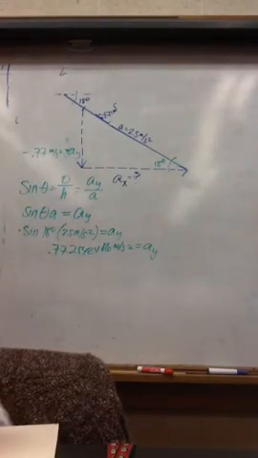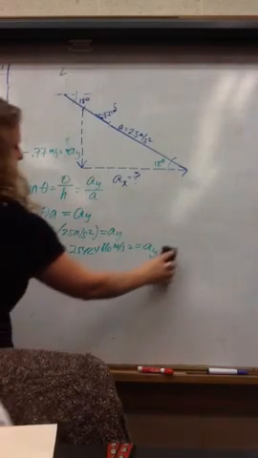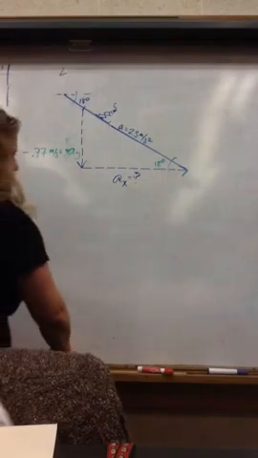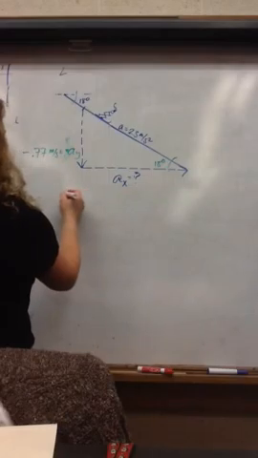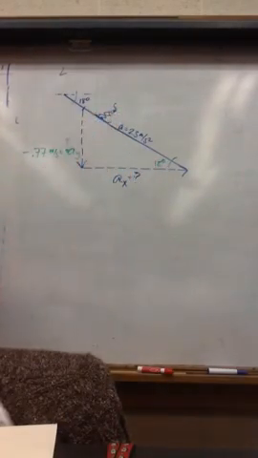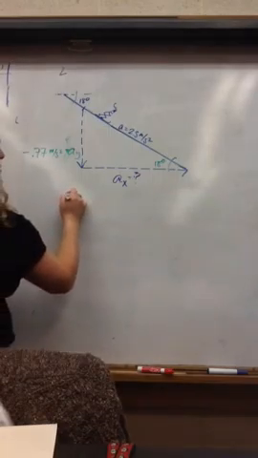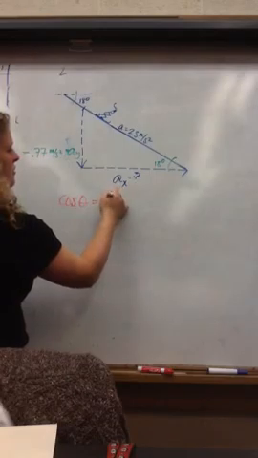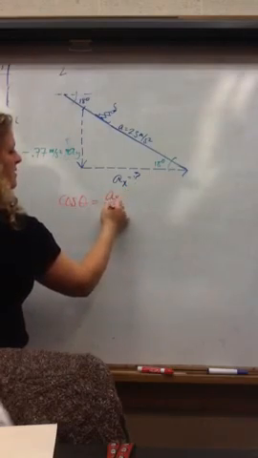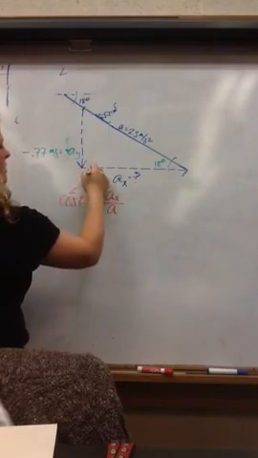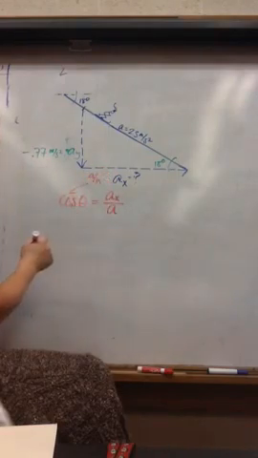Okay. So now let's go ahead and do our A sub x. We'll do A sub x in red, assuming that works. So what function connects adjacent and hypotenuse? Cosine. So the cosine of theta is equal to A sub x over A, because it's adjacent over hypotenuse.